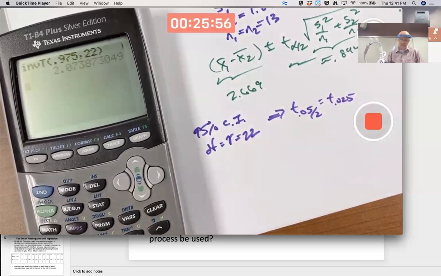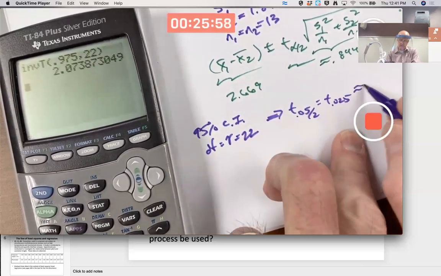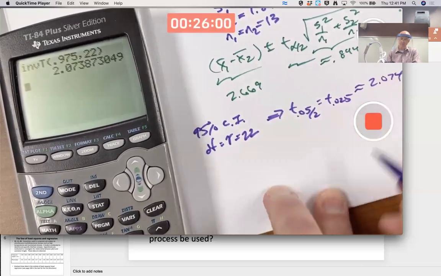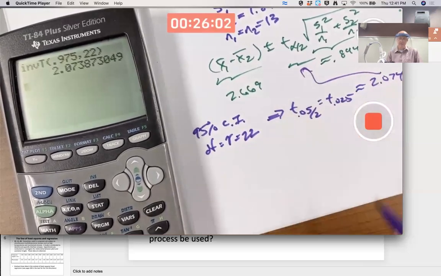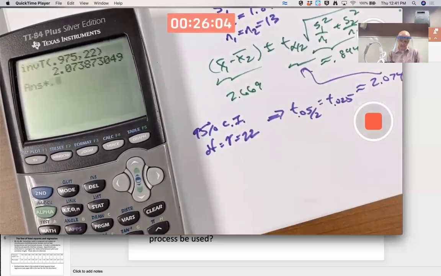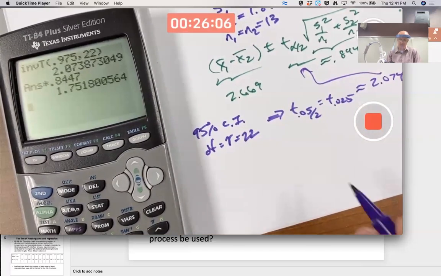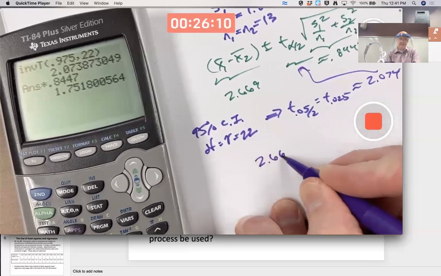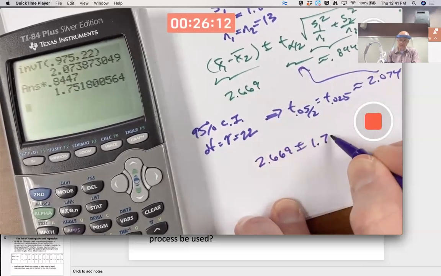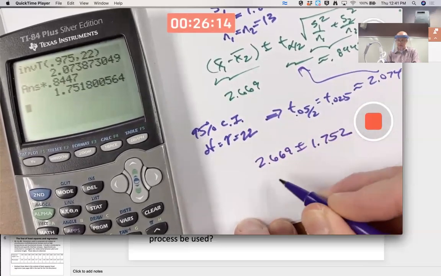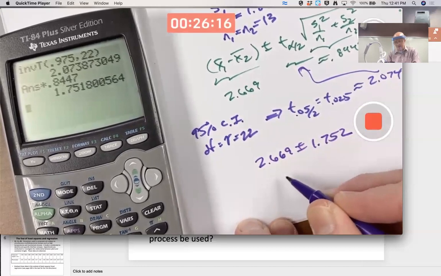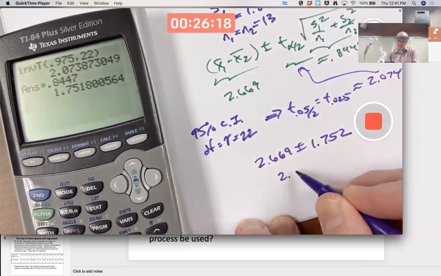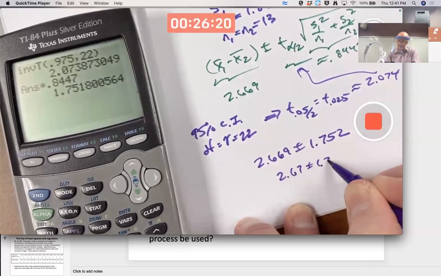This is about 2.074. Plug that in there, multiply times 0.8447. The margin of error is about 1.75. So 2.669 plus or minus 1.752. Probably too many significant digits. Might be better to write 2.67 plus or minus 1.75.